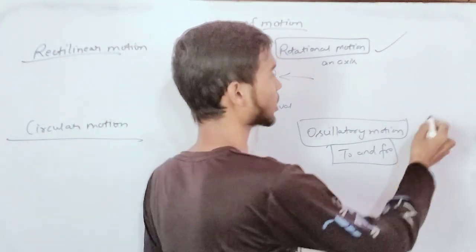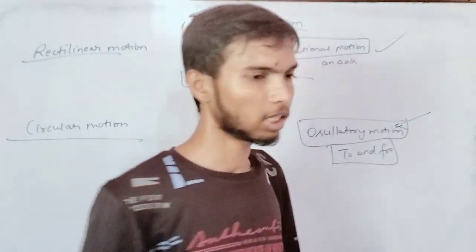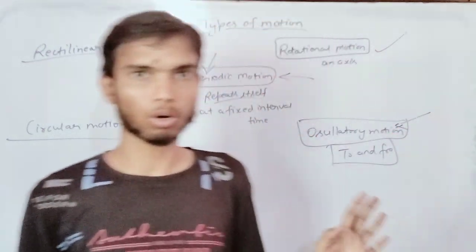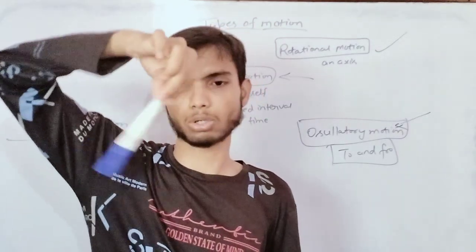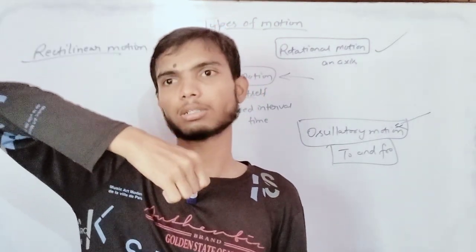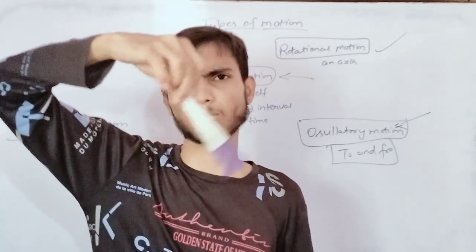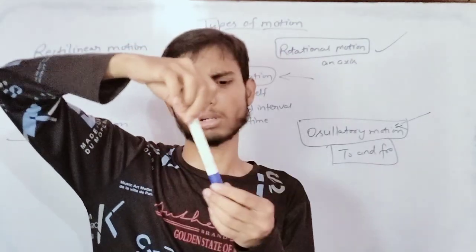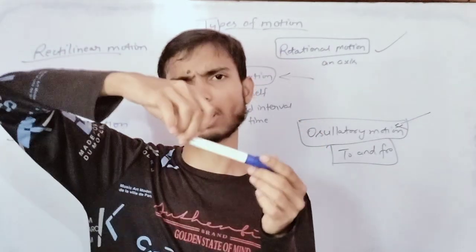Okay. What is oscillatory motion? The motion of this oscillatory will look like this, to and fro. It happens in the pendulum of a clock, like that. The bob moves like that, so it is to and fro.